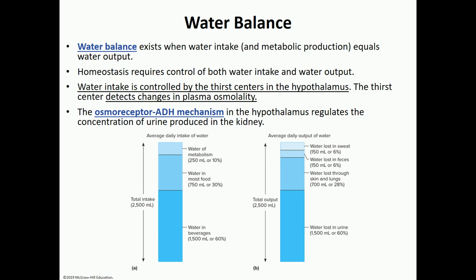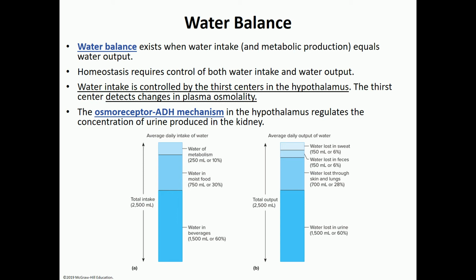That is going to stimulate the secretion of ADH. Okay, remember it's made in the hypothalamus, released from the posterior pituitary. So now ADH will be released from the posterior pituitary. It is going to open up the aquaporins, which are found in the distal tubules and the collecting ducts.